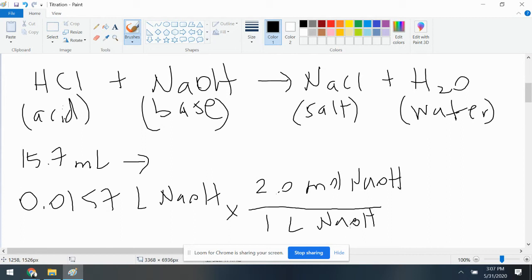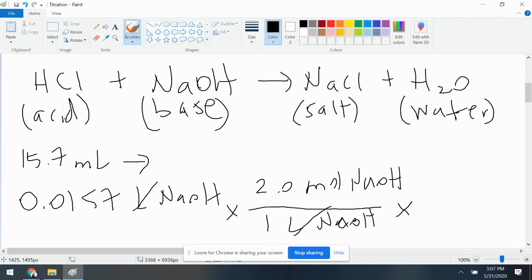By definition, 2.0 molar sodium hydroxide is the same as 2.0 moles per 1 liter of sodium hydroxide. So I'm going to cancel the liters here. Now I'm left with moles of sodium hydroxide added to that unknown acid.